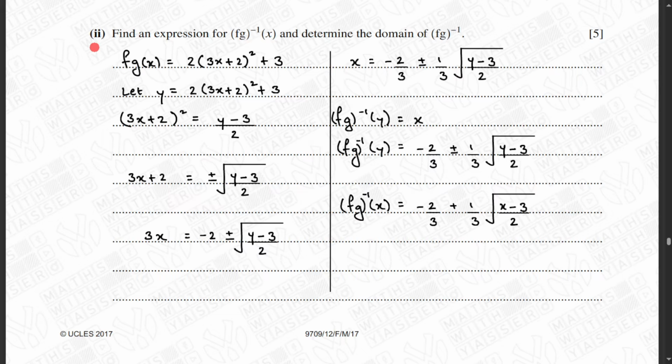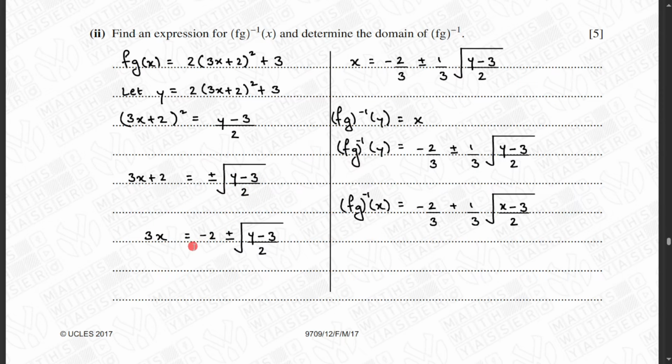In the second part of the question, we need to find an expression for fg inverse of x, and we need to determine the domain of fg inverse. So fg of x we previously found is 3x plus 2 whole square plus 3. Let's consider y to be fg of x, and then we can make 3x plus 2 whole square the subject of the equation, and we will get y minus 3 over 2. Now if I take away the square by square rooting both sides, I get 3x plus 2 is equal to plus minus square root of y minus 3 by 2.